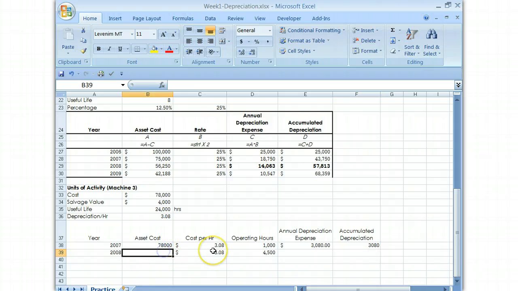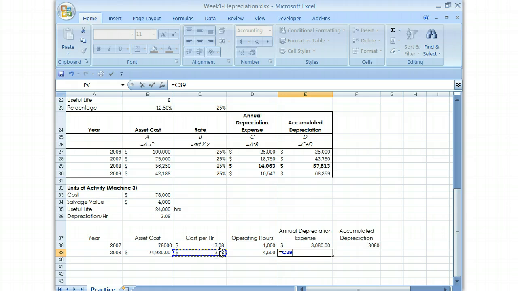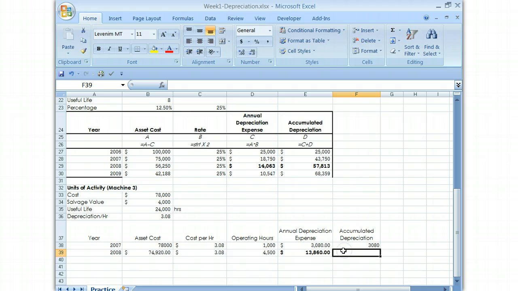And then our asset's new depreciable base is going to be our 78,000 minus our depreciation we've already accounted for, and then our new depreciation is going to be our $3.08 times our 4,500, and our accumulated depreciation will be our 13 plus our 3. So in 2008 our accumulated depreciation would be 16 and our depreciation would be 13.